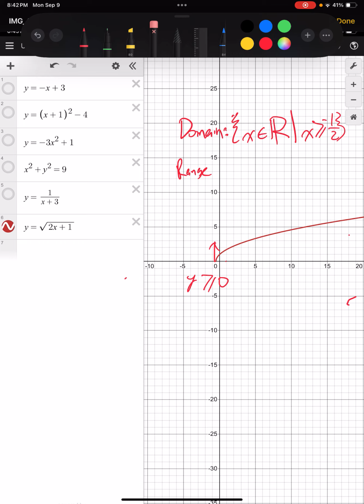So y can never equal negative. So what does that mean? Well, we say y is an element of reals such that y is greater or equal to 0. And that's it for this question.